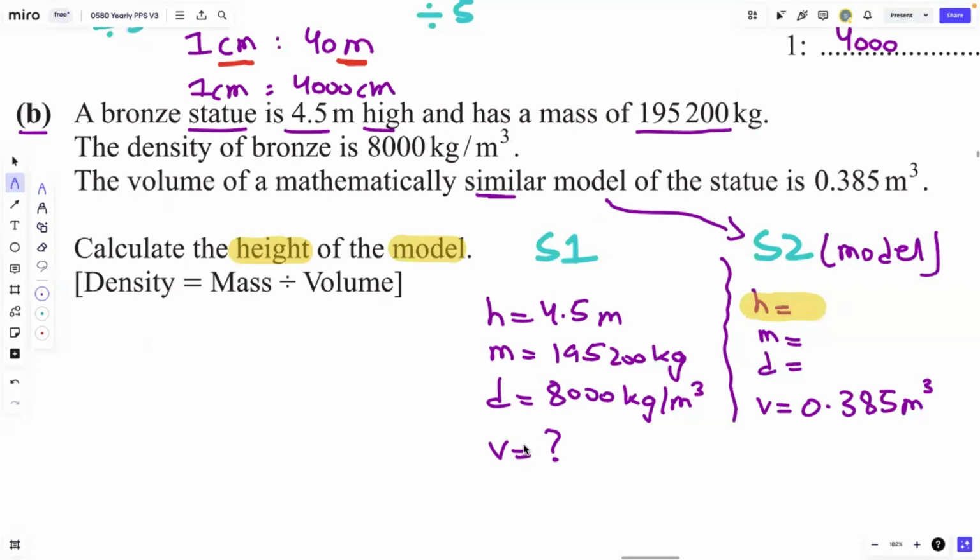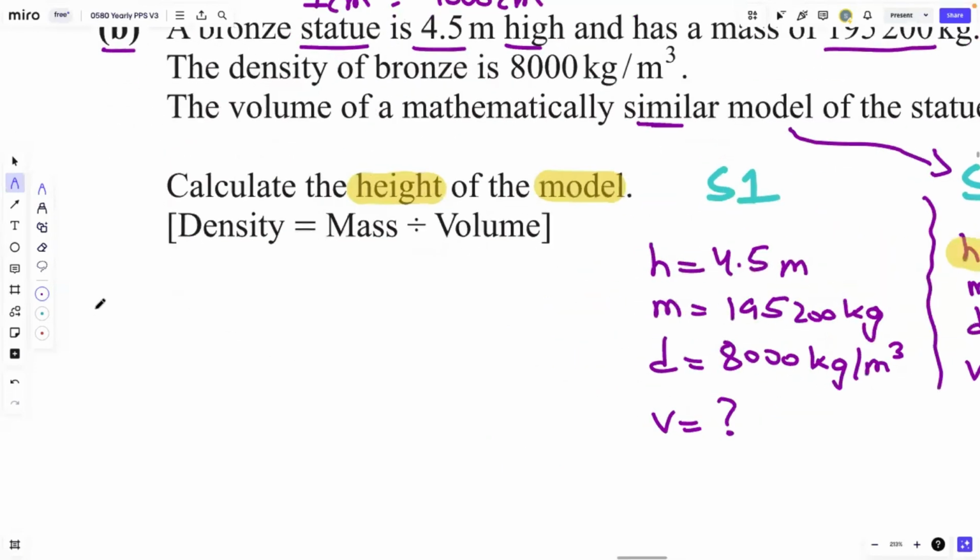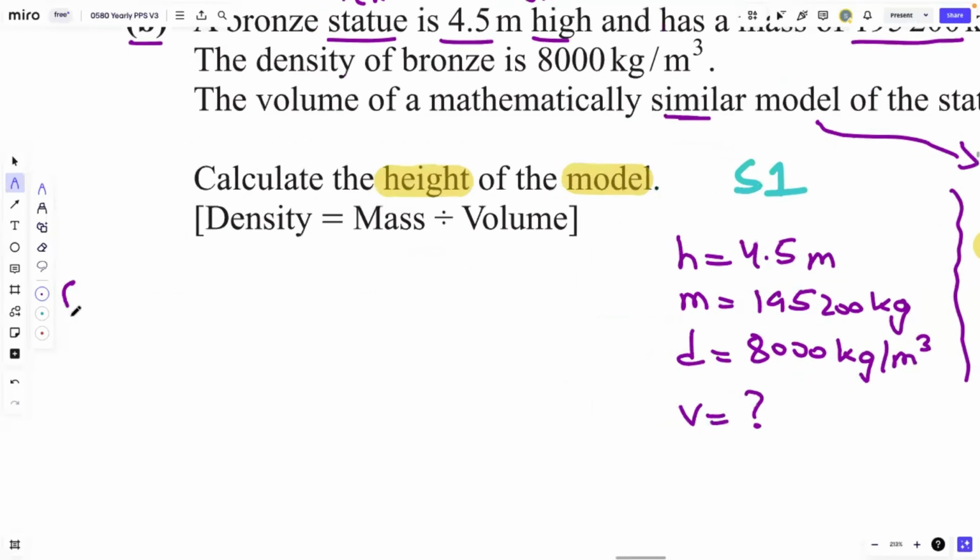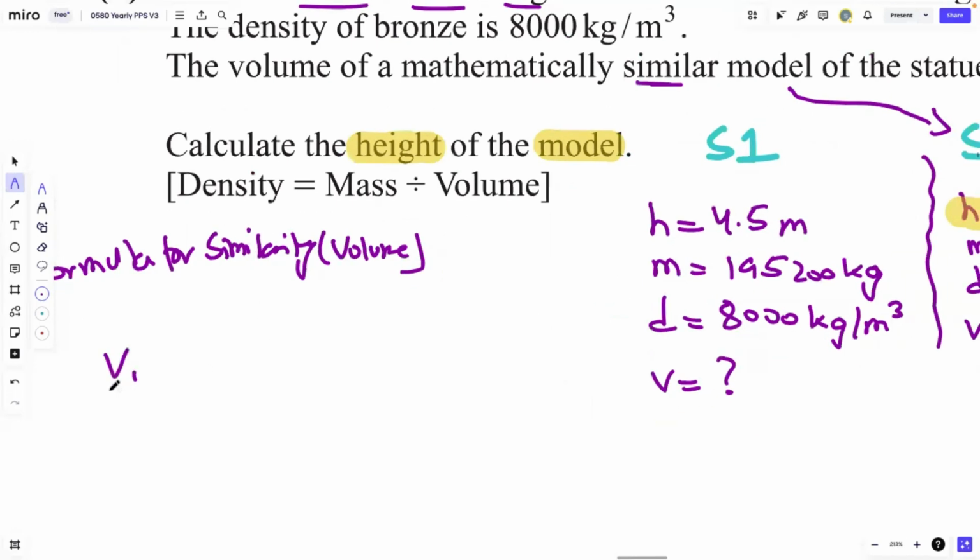So we can apply that formula of similar objects. What's that formula? The formula for similarity in case of volume: volume of one object upon volume of the other object is L1 over L2 cubed.